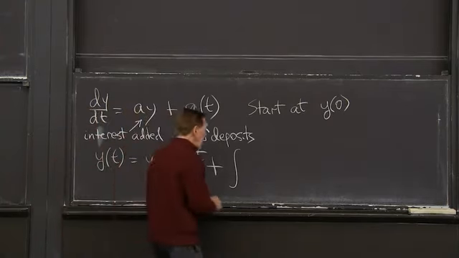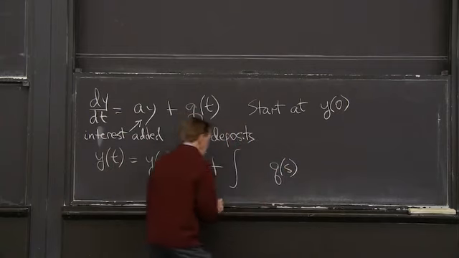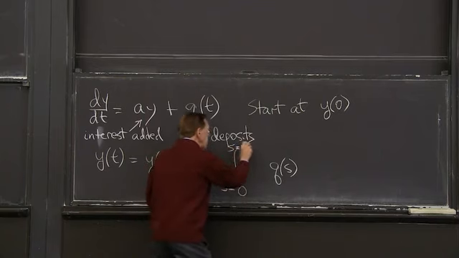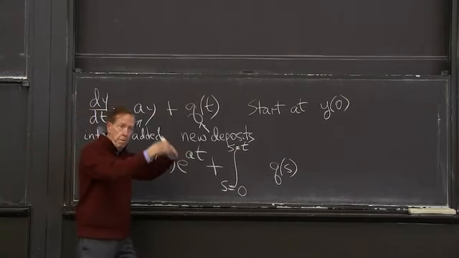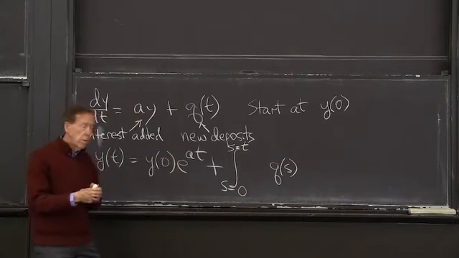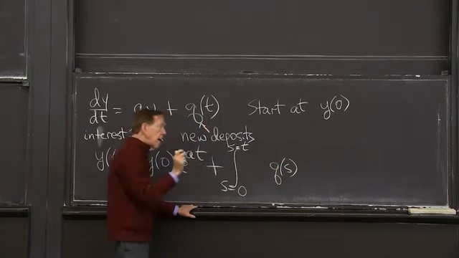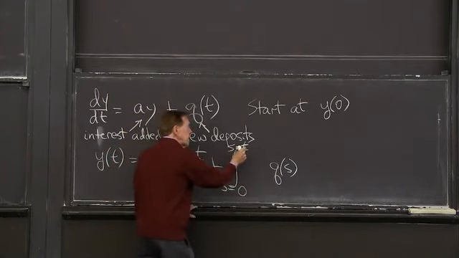You make deposits at any time s between s equals 0 and s equals t. So s is the running clock. t is when we look at our account and see what's in it. And this deposit is made at time s, and then it grows over the remaining time from s to t.